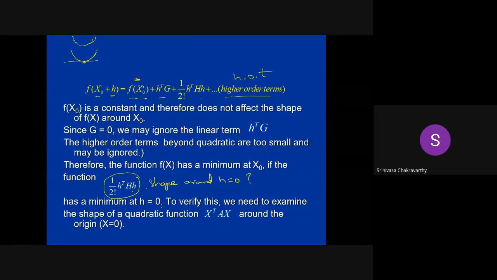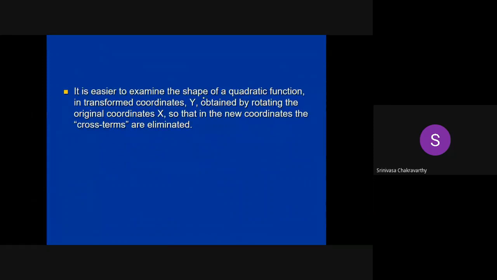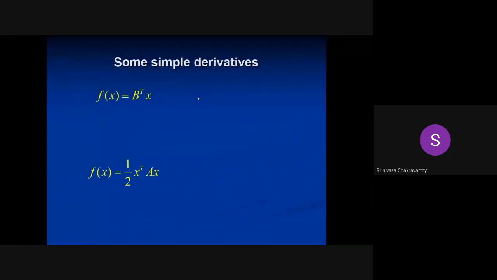And the constant term doesn't matter, so f of x naught doesn't matter. We'll also ignore the higher order terms, just like what we do for a first order univariate function. So the shape depends completely on the quadratic term, which has this form, h transpose capital H, small h. So we want to focus on that and understand how we can describe the shape of such a function.